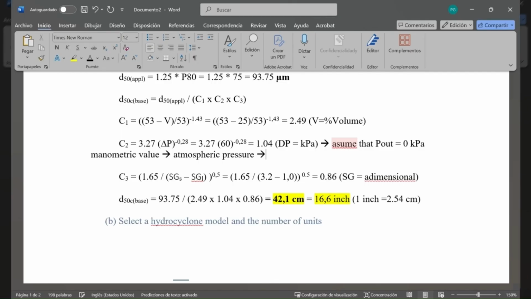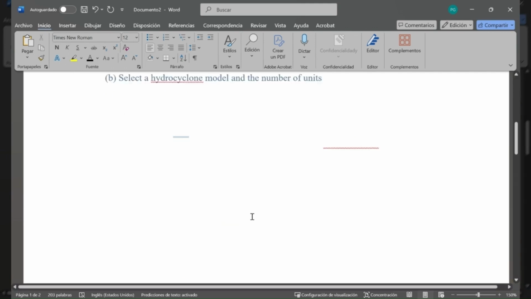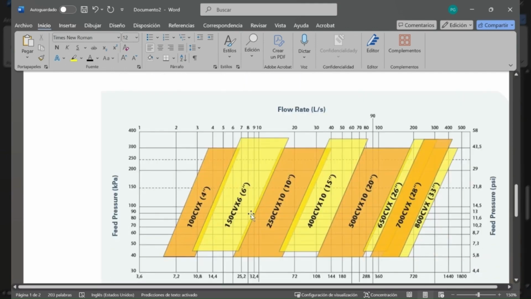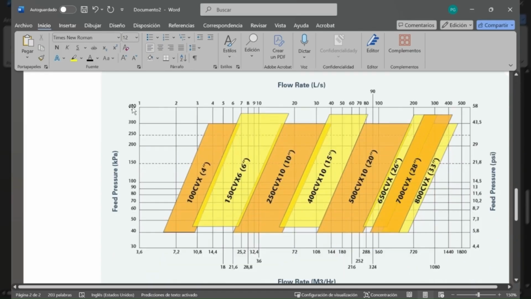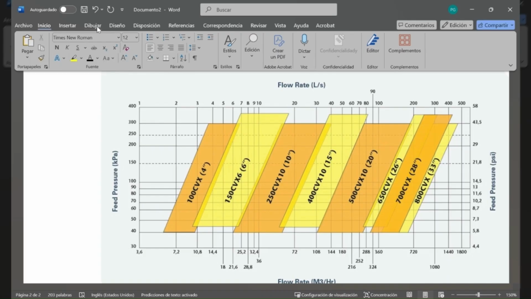So in that sense, the pressure drop is going to be equal to the inlet pressure. Okay? So moving on, here we have to establish some values.